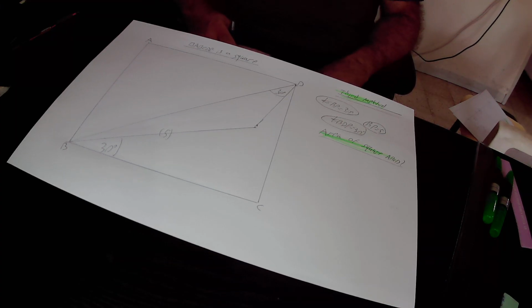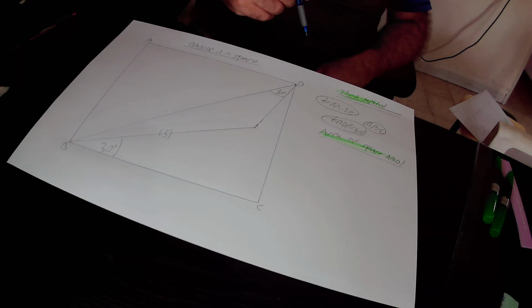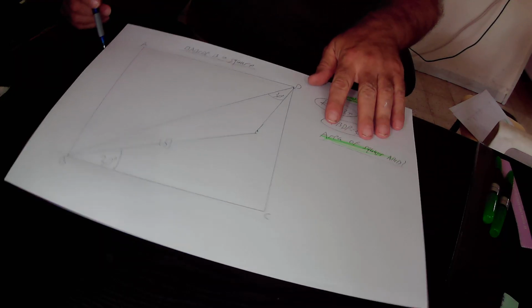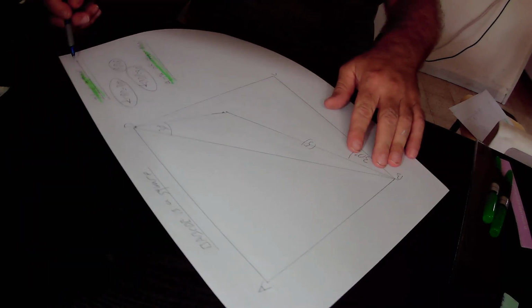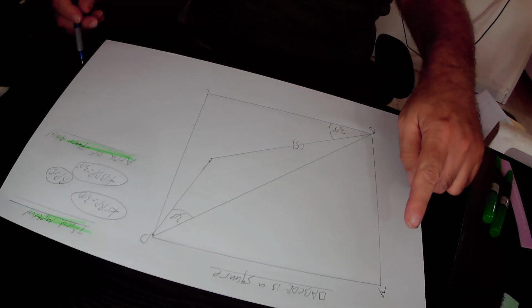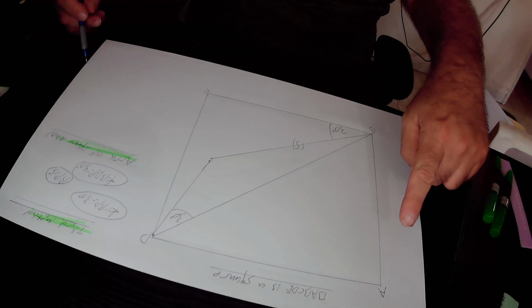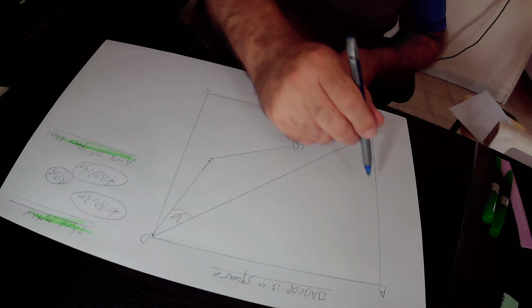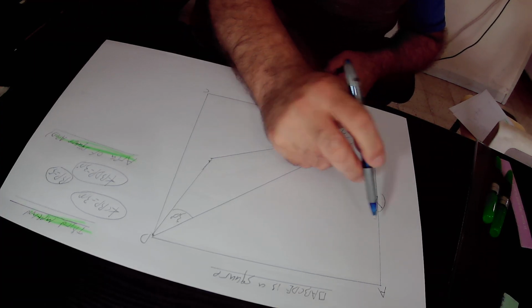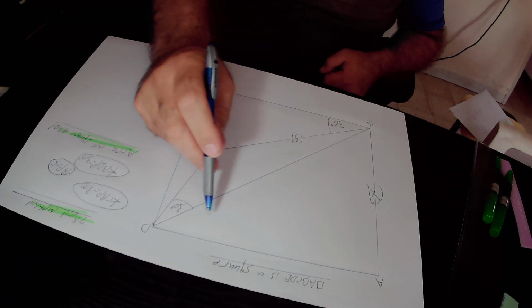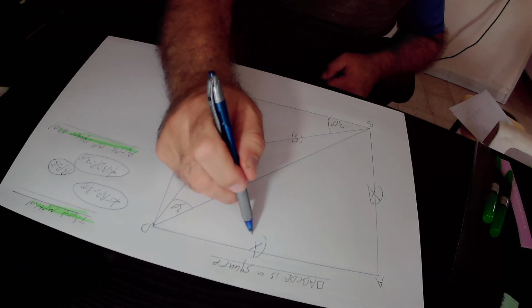In the third method, we define side AB of this square ABCD as x. Therefore, AD must also be equal to x.